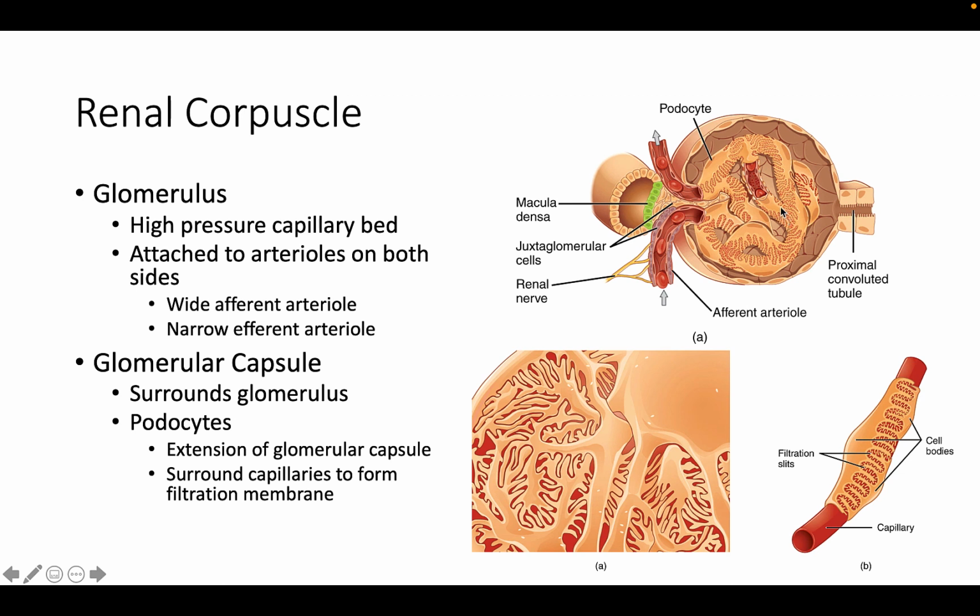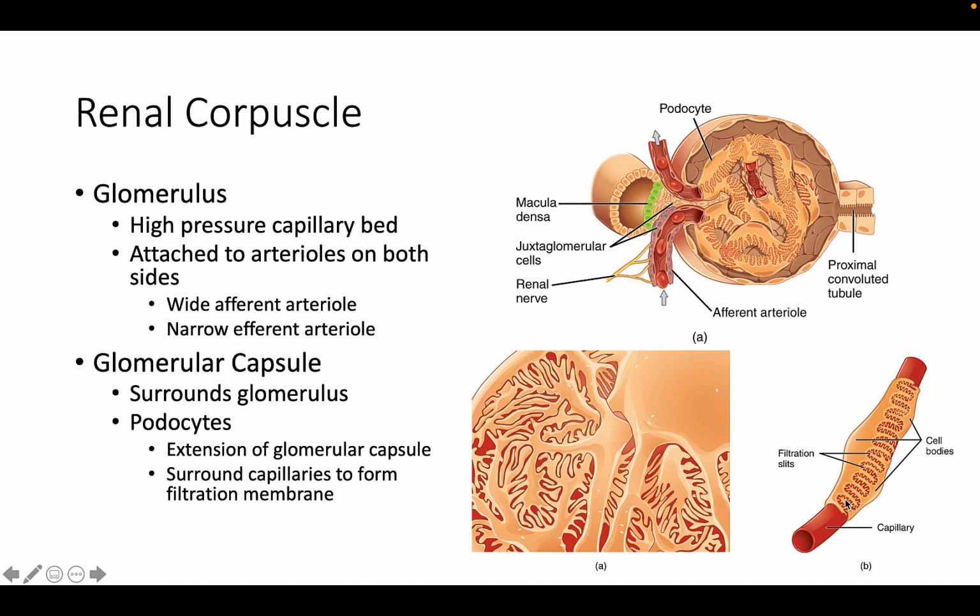Surrounding the glomerulus is the glomerular capsule, once again the Bowman's capsule, and the glomerular capsule extends into cells called podocytes. This capsule is continuous with these podocytes, and if we take a closer look, this is one aspect of a chunk of a capillary, and the podocytes surround the capillary.